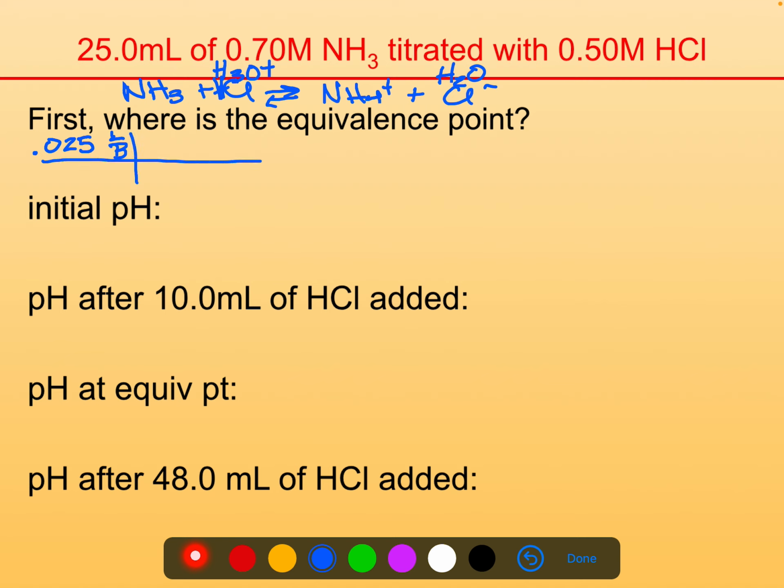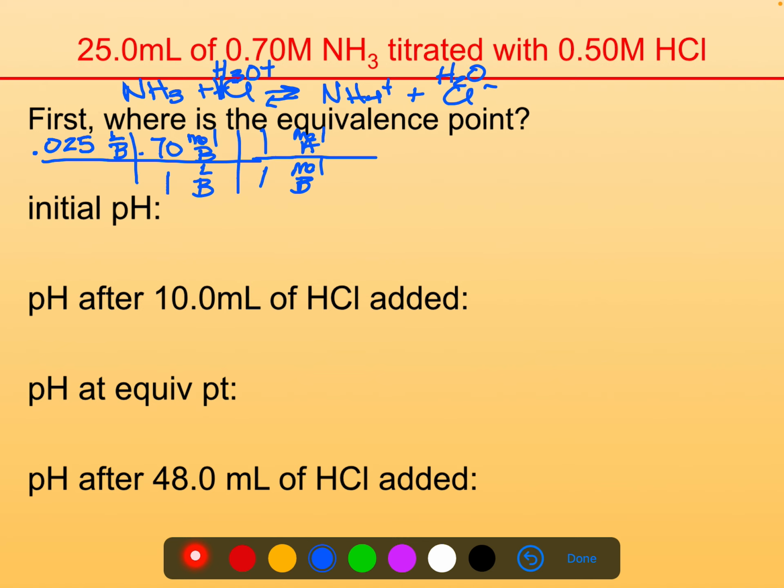We can change that into moles using molarity. So liters goes on the bottom, moles goes on top. So our molarity is 0.70 moles per liter. We have to change from moles of base into moles of acid using our mole ratio, and they were a 1-to-1 ratio.